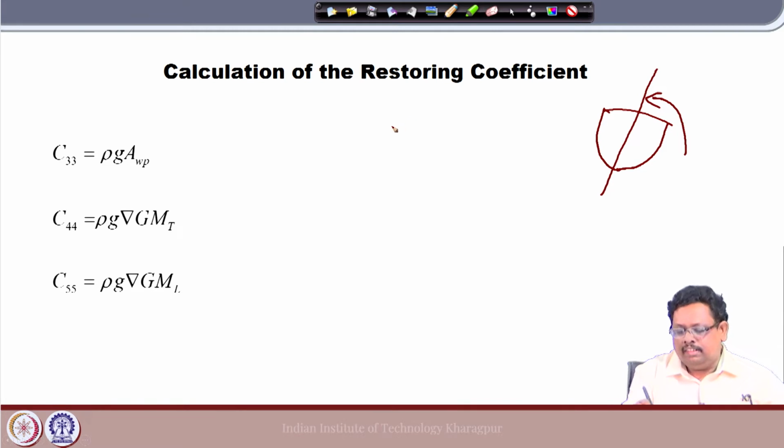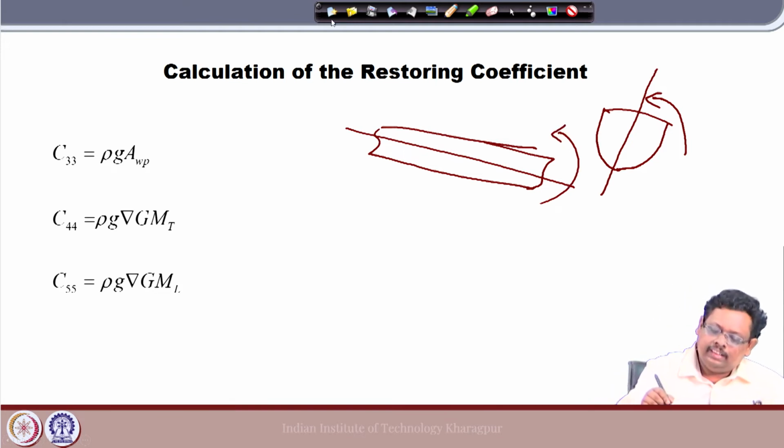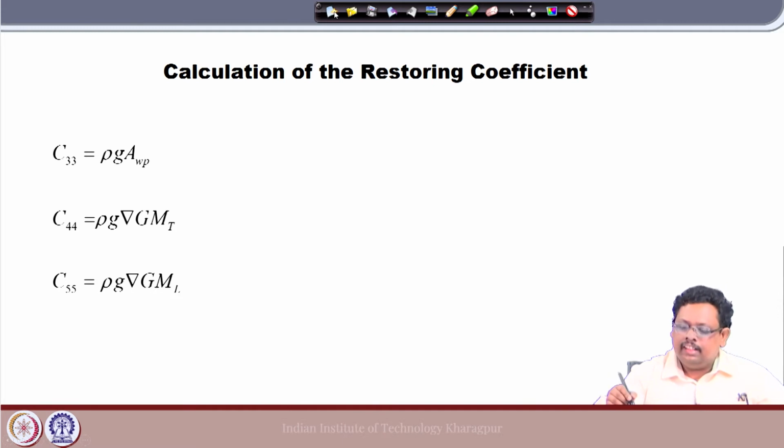And in the pitch direction also, it again experiences a moment. So, there are at least 3 modes of motion where we can have a restoration. In case of a heave we use C33, and this is the nomenclature; in case of a roll we use C44, and in case of a pitch we use C55.